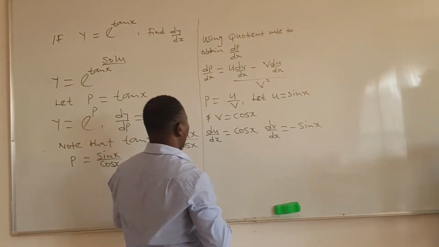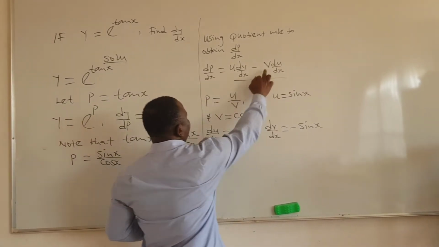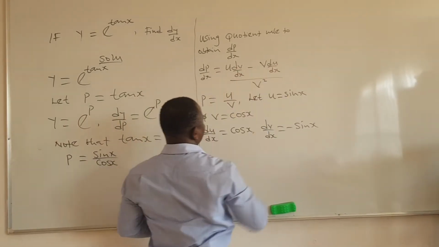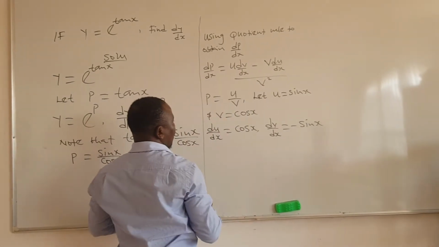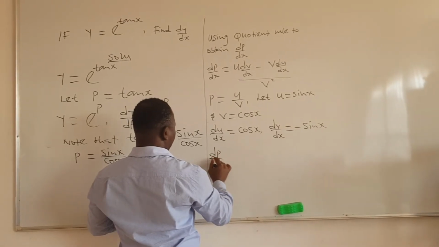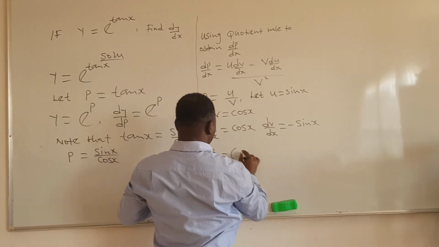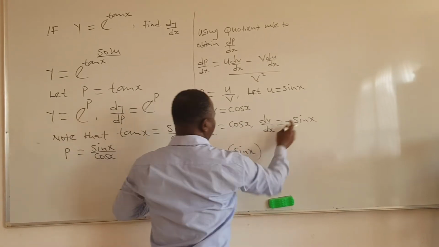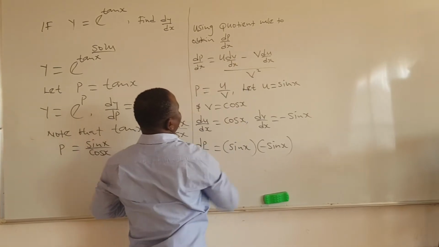Is that clear? So now at this point, you know your ordinary u, you know your ordinary v. You know your dv over dx, you also know your du over dx. What's left is for you to substitute the answers into this formula. Our ordinary u is what? sin x. Then our dv over dx is minus sin x. Then what do we have here?